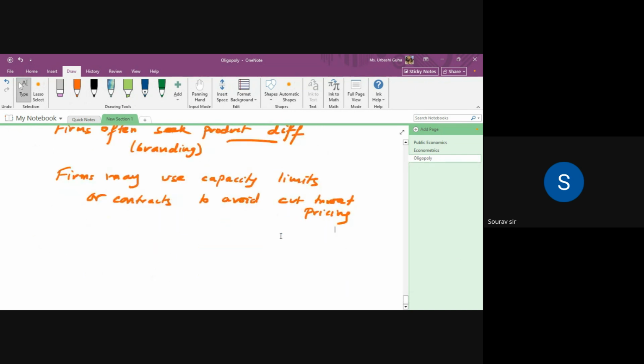And what did we learn? What are the points which I gave? Collusion and cartel formation, correct? Collusion or cartel formation, which are made in oligopoly. There is also a separate model, we will do that.